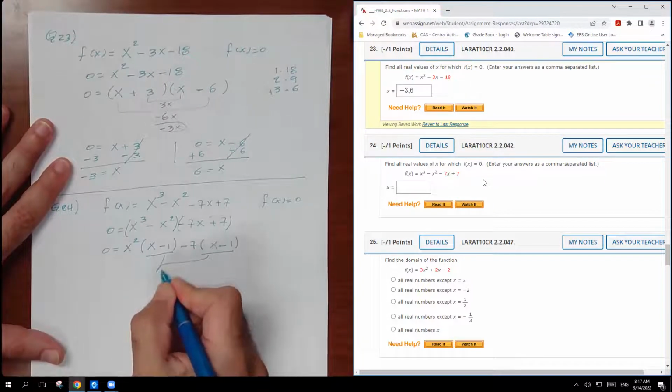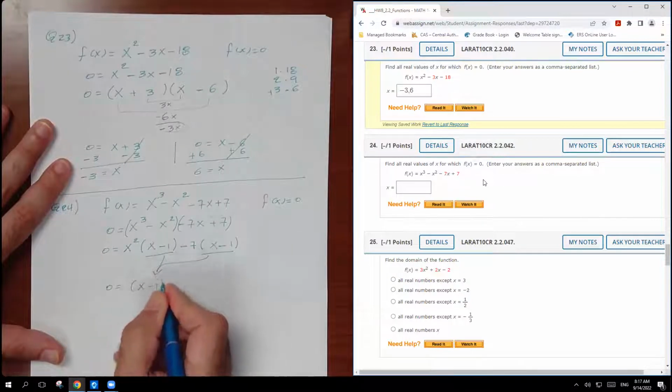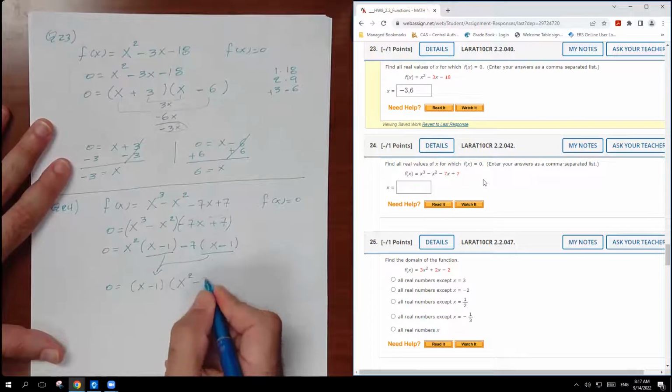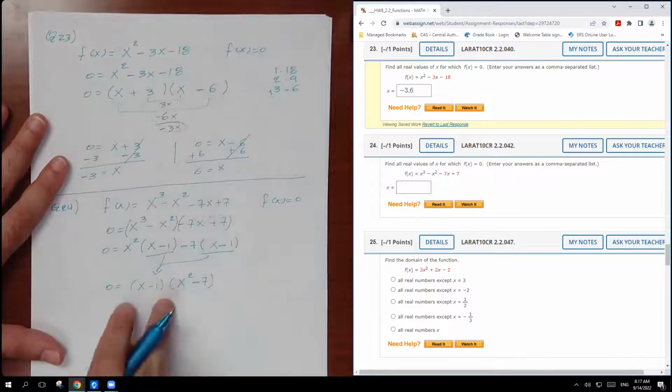That means 0 is going to be equal x minus 1, and the other parenthesis is x squared minus 7. So now, next step, two parentheses equal 0.